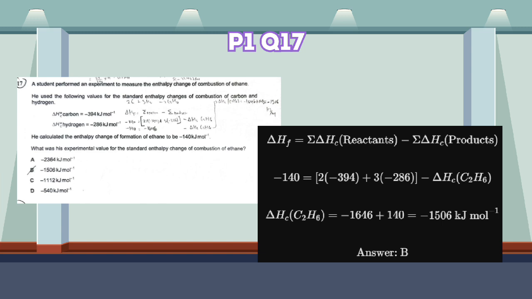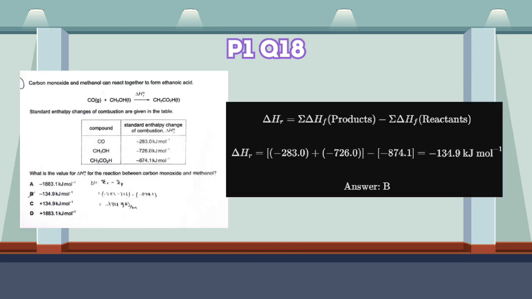The answer is B. And then the next question is paper 1 question 18. We use the formula delta H reaction equals sigma delta H products minus sigma delta H reactants. And then we insert the numbers and we got minus 134.9 kilojoule per mole, and the answer is B.